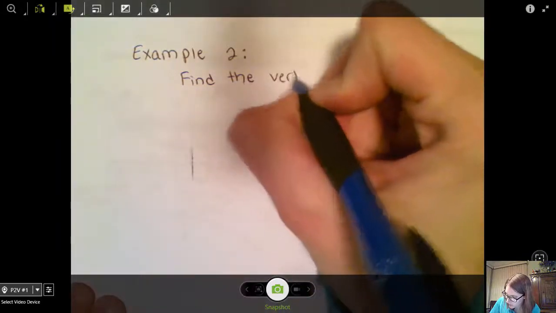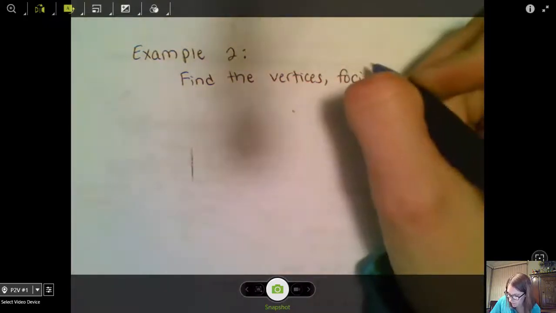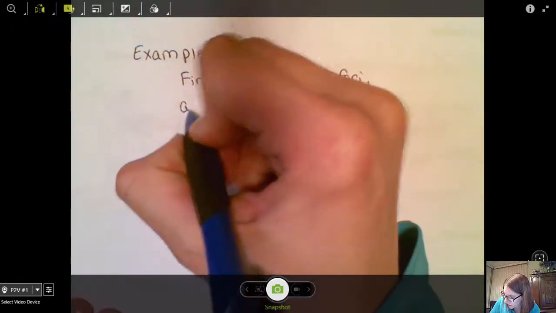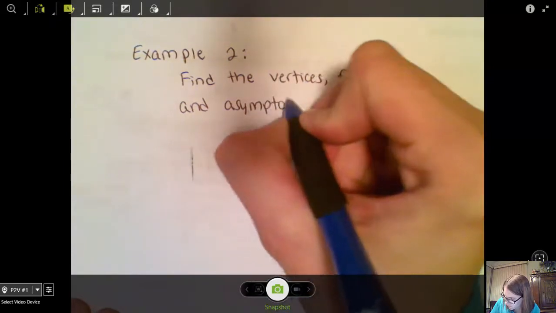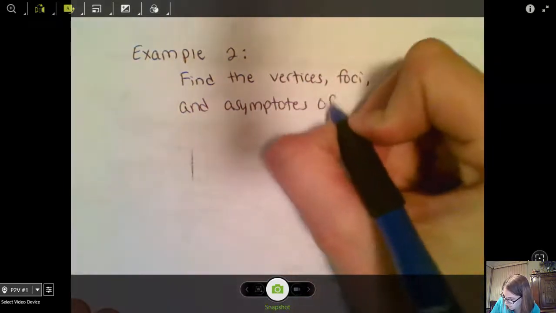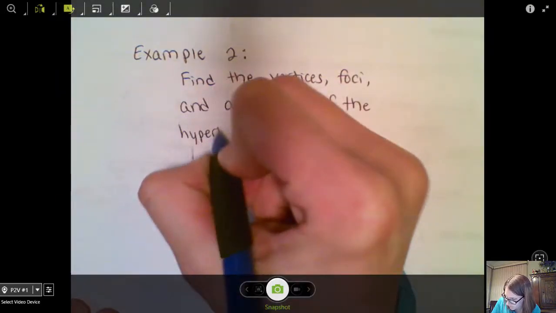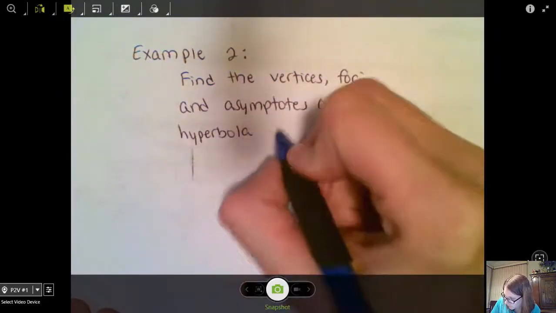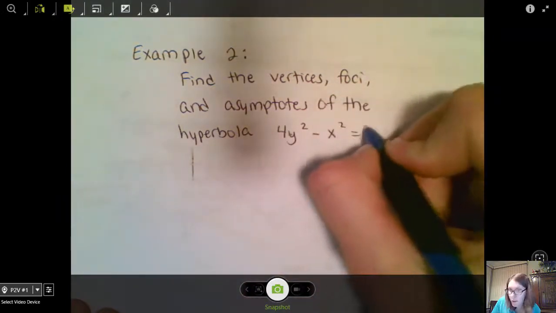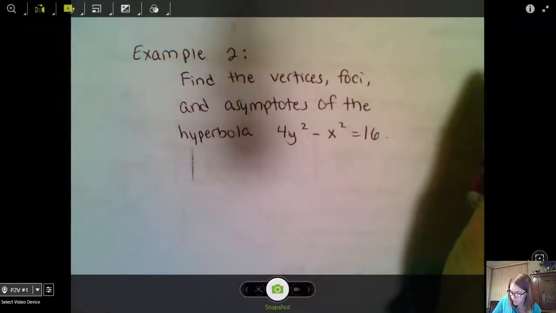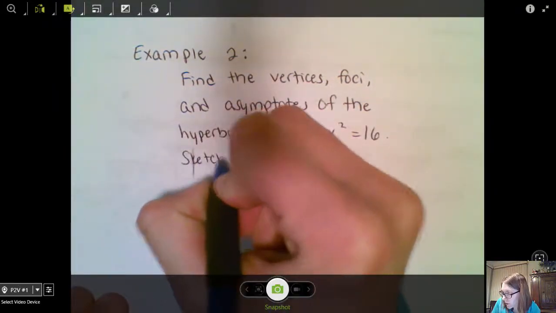Find the vertices, the foci, and the asymptotes of the hyperbola 4y squared minus x squared equals 16. And also sketch the graph. There's a lot of stuff we need to do here.